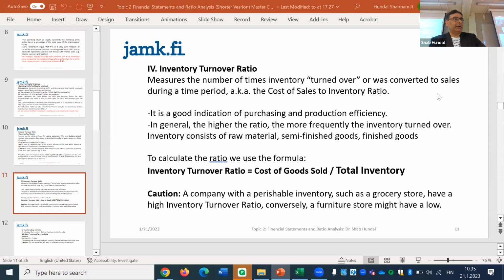You have the inventory in stock, and why do you have it? Because you want to convert the inventory to the final output. So the idea is how many times your inventory gets converted to the final production of goods and services. We prefer that inventory comes in and becomes the final output faster, more times.